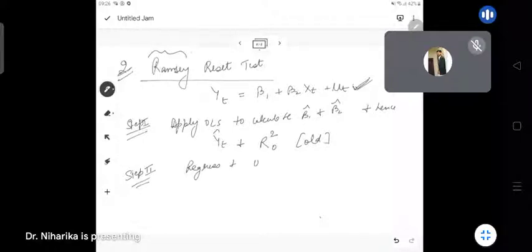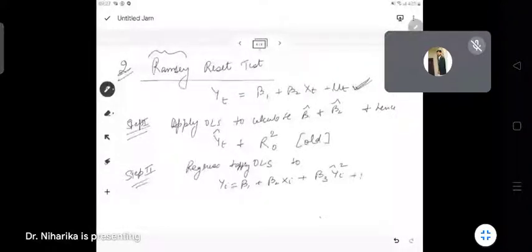regress and apply OLS to this: y i equals to beta 1 plus beta 2 x i plus beta 3 y i cap square plus beta 4 y i cap cube plus mu t.